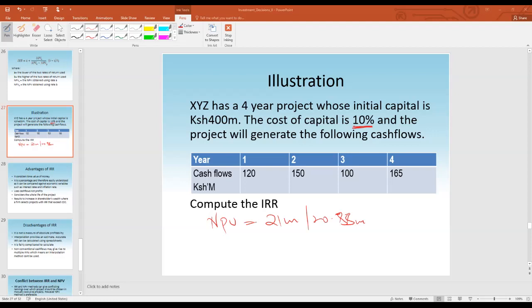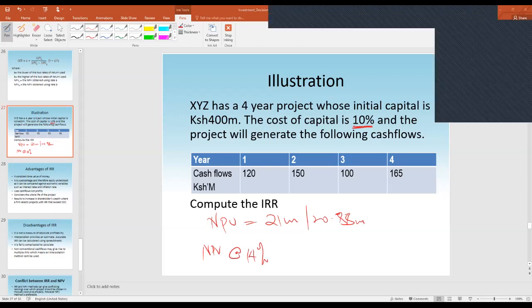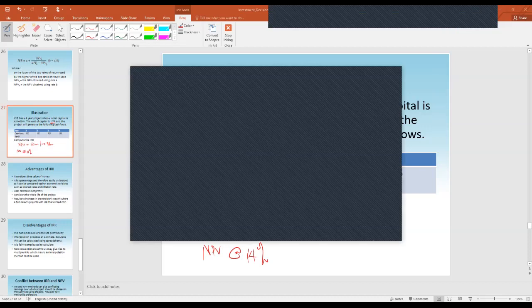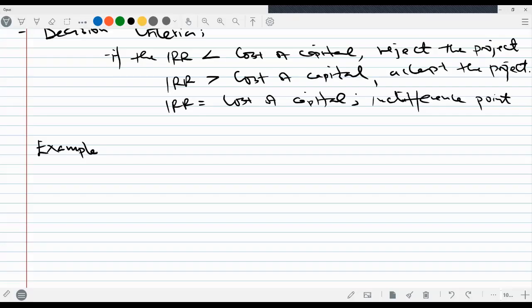Same cash flows, we discount them at 14%, and we get the NPV. What's the NPV at 14%? Sometimes people can be lazy and don't want to show how the NPV was obtained at 14%, but you should. So here you have the cash flows. You do it again.